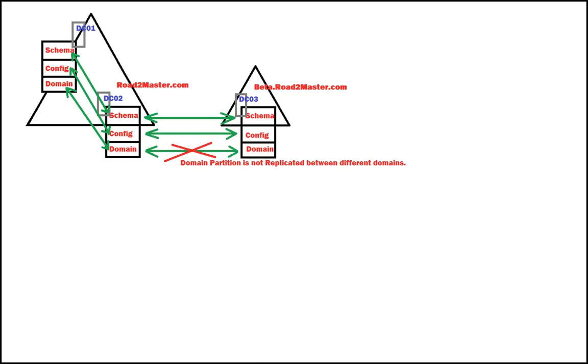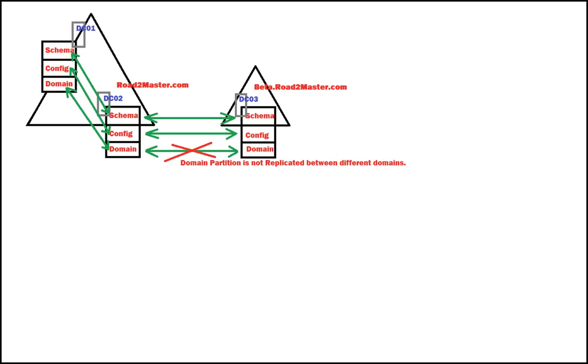Right now, if you look at this, you will say, like, if DC03 wants to query any user that is in the roadtomaster.com domain, it has to go and ask DC01 or DC02, right? If you look at this diagram, because DC03 doesn't have the domain information of the other one, right? It would have been the case until Microsoft made an alternate for that.